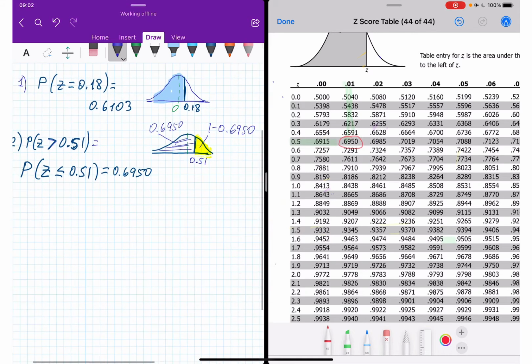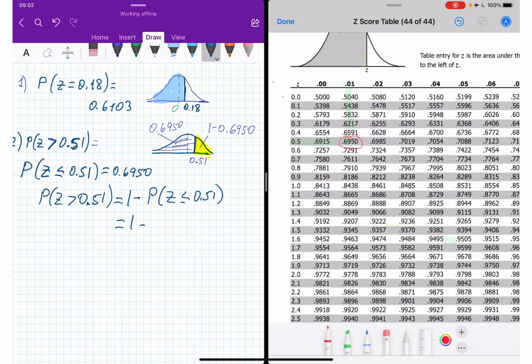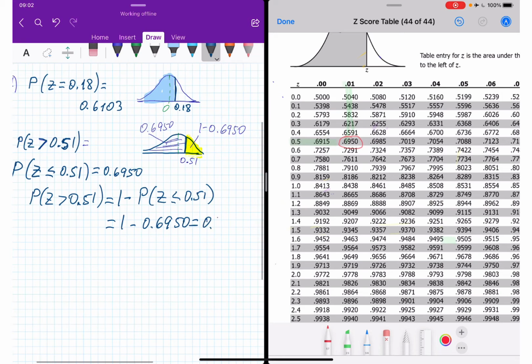Okay, so from here we have the probability for z-score greater than 0.51 is equal to 1 minus the probability for z-score less than or equal to 0.51, which is equal to 1 minus 0.6950, and that's going to give us 0.3050. Okay?